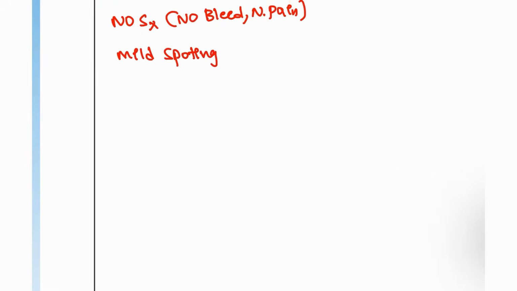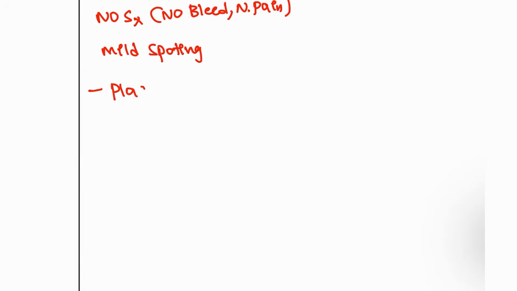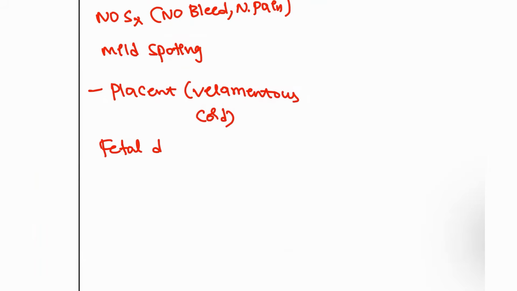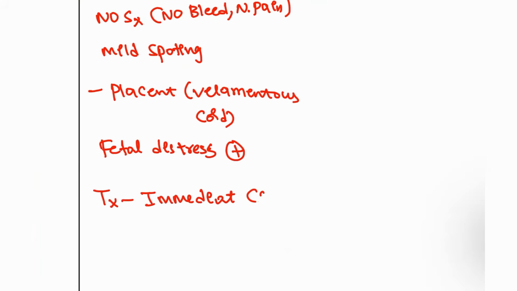What is the condition due to? Placenta abnormality. Usually the velamentous insertion of the cord will be causing this. So fetal distress will be seen in this patient, due to blood compression or blood loss from the fetal side. What is the treatment protocol? Immediate termination of the pregnancy and go for cesarean section. That is the treatment protocol for vasa previa.